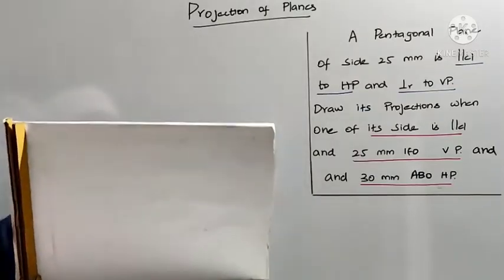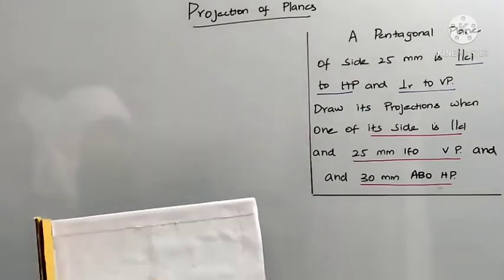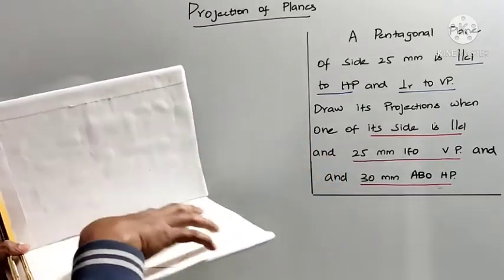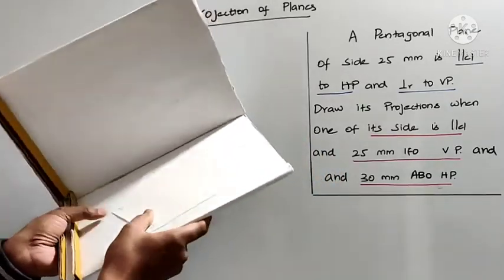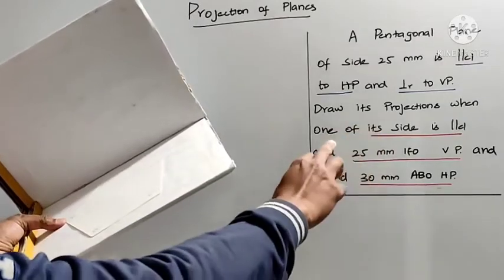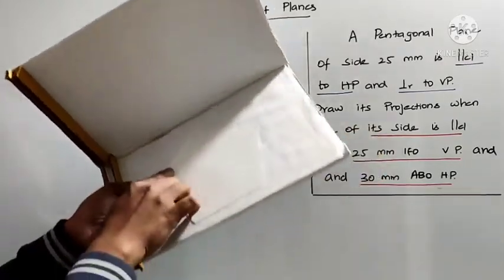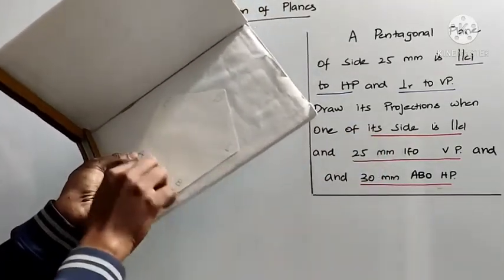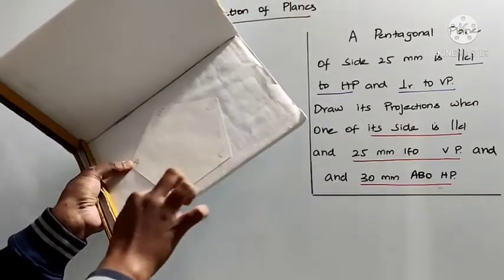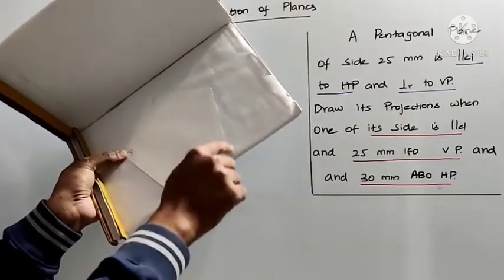Second, they have mentioned a few more conditions which talk about the position. Draw the projections when one of its sides is parallel and 25 mm in front of VP. The pentagonal plane has 5 sides and 5 corners. So these are sides and these are corners.